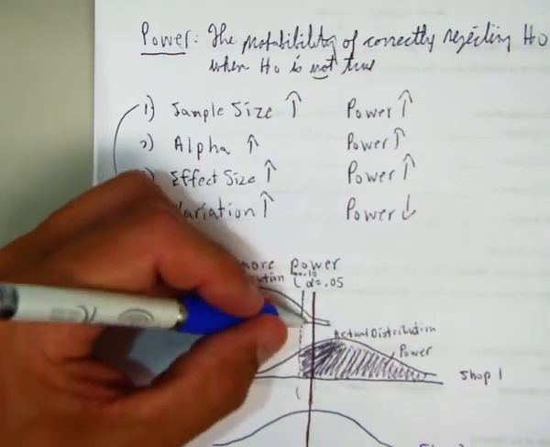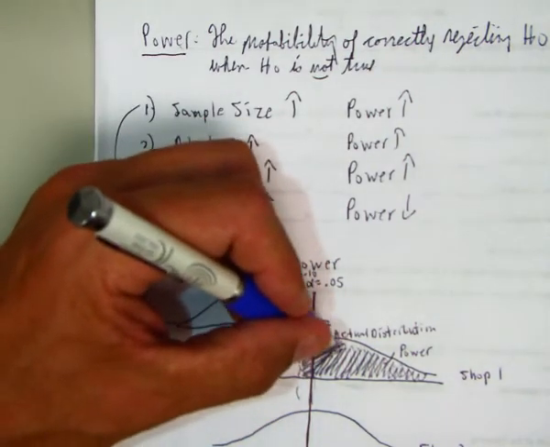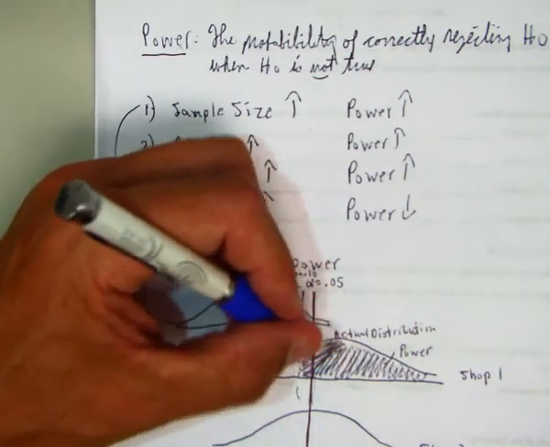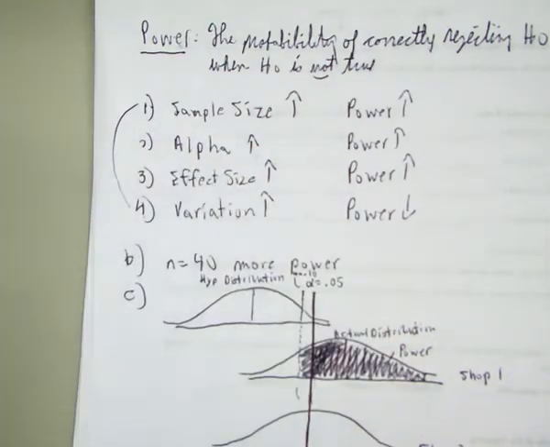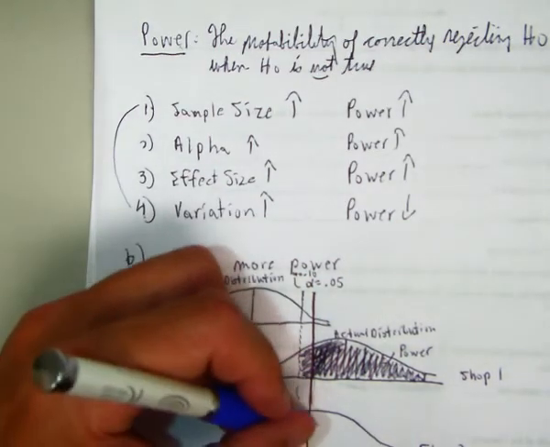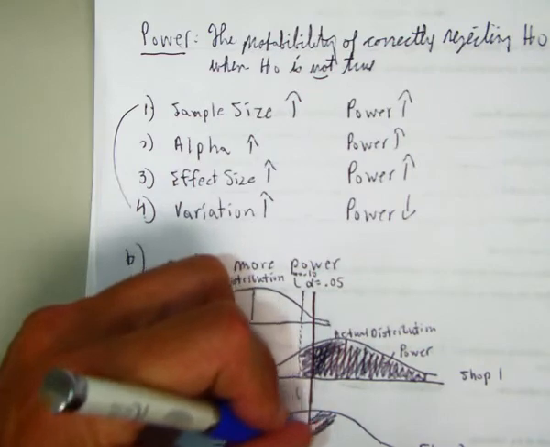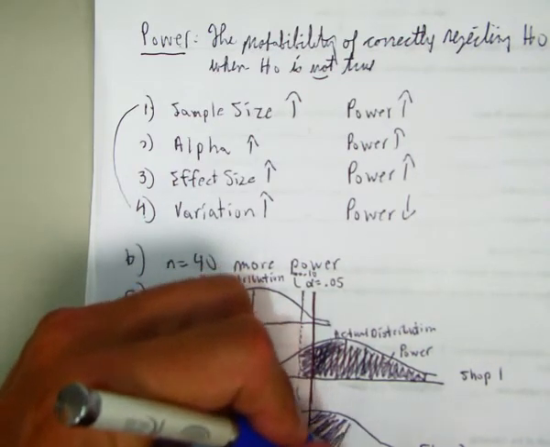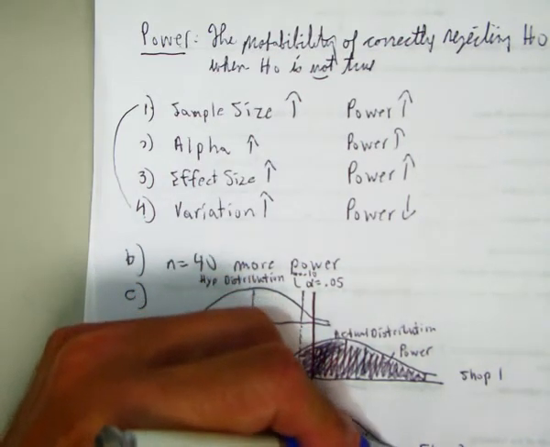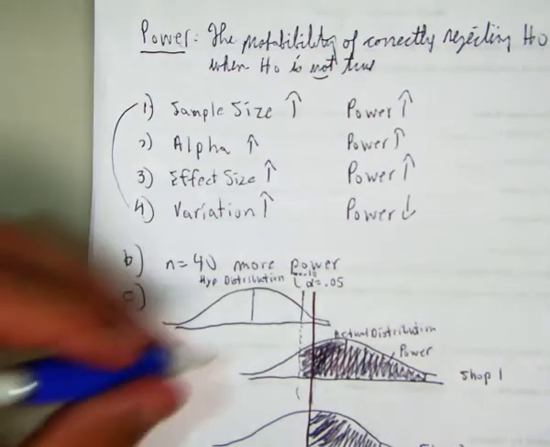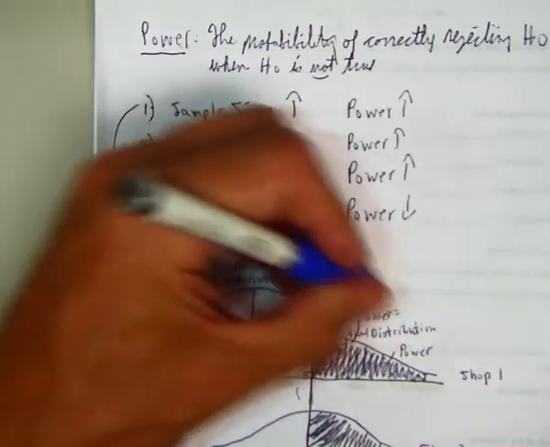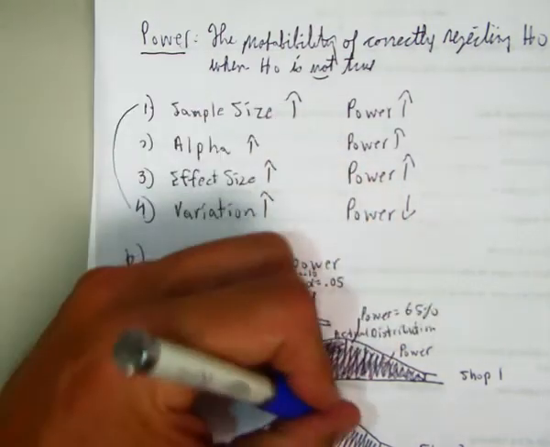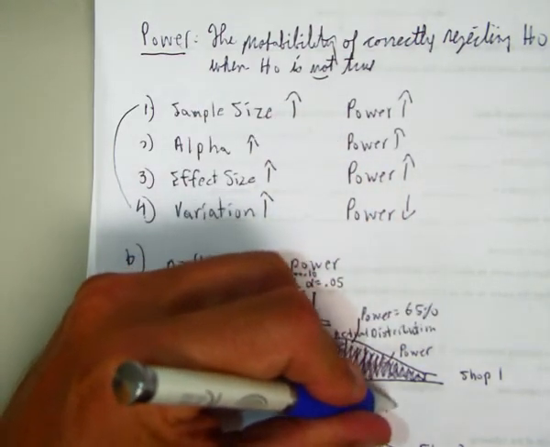So the probability that we correctly detect that this shop is out of compliance is this shaded region right here. So that's over 50%, like 60, 70%. But in this shop, the power would be here. The probability of correctly determining it's out of compliance is like 50%. So the power here would equal, let's say, 65%. The power here would equal 50%.